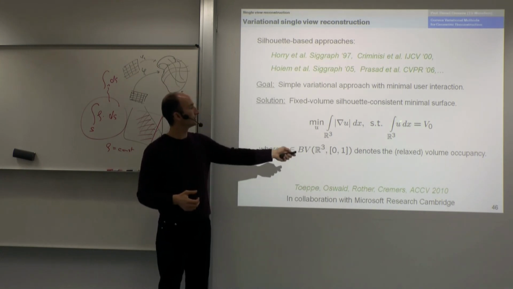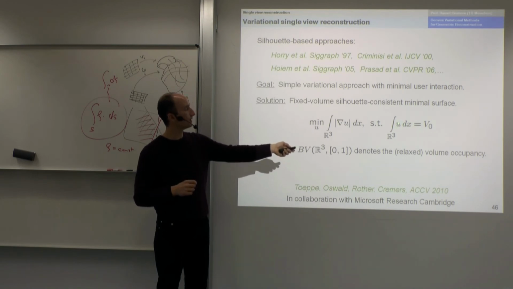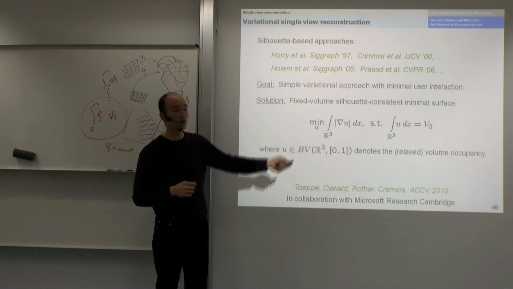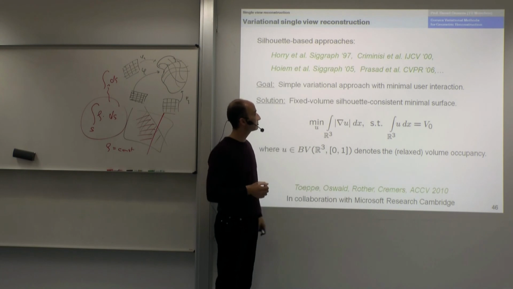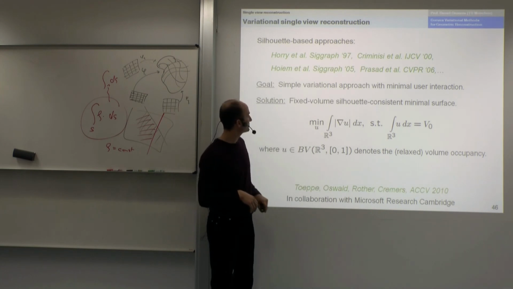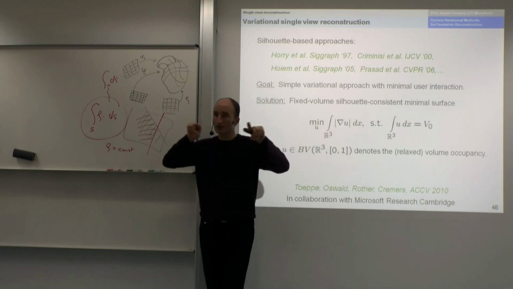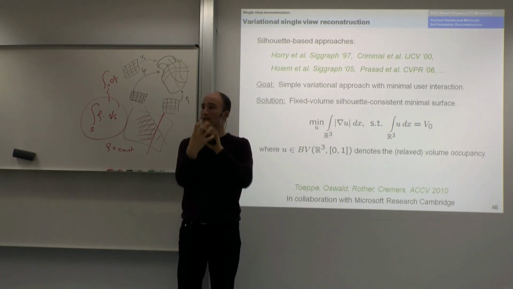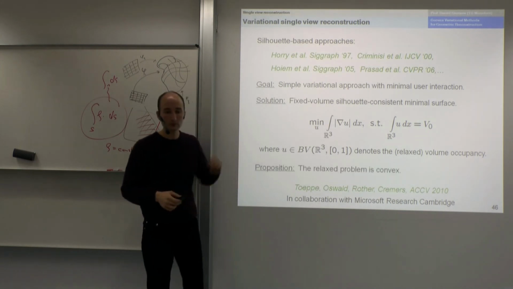And the volume for this binary labeling is basically the integral of u, where u is the indicator function representing the object, so the volume is the number of voxels that are on, and that we specify. And so we have a constrained optimization problem where we say, find a surface that has minimal area, that is consistent with the silhouette, and that has a specified volume.